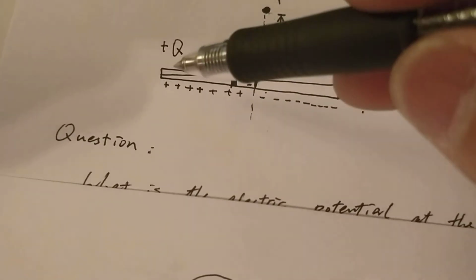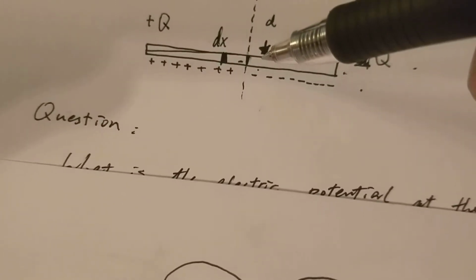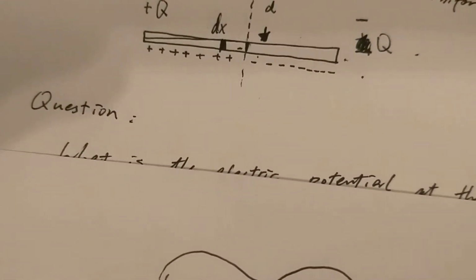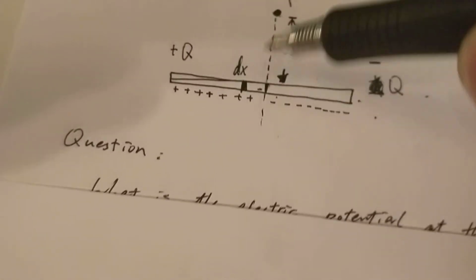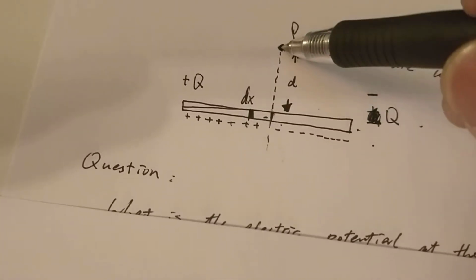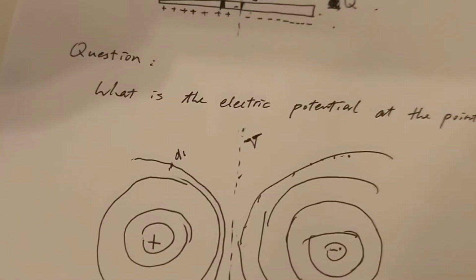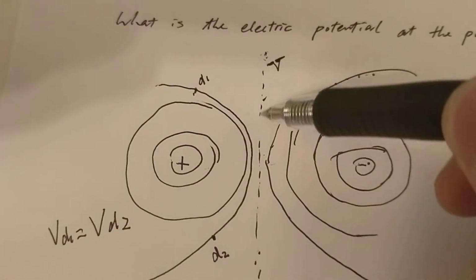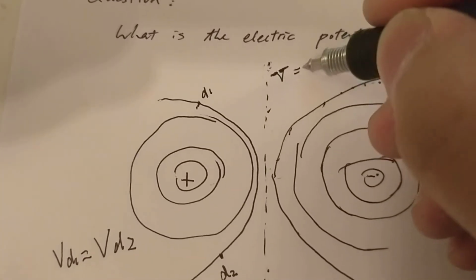The amount of charge is exactly the same, and the charge is uniformly distributed. So that's why right at the center, at point P, the electrical potential equals zero, the same as the line over here.